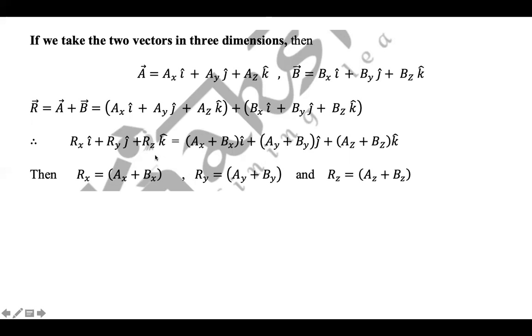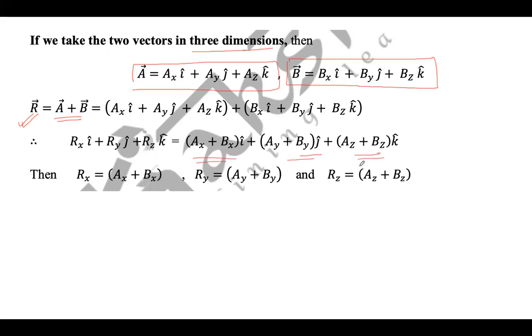So if we take three vectors, let's say if we have a three-dimensional vector, the vector A is written as axi plus ayj plus azk, and similarly vector B is written as bxi, byj and bzk. If you are finding the sum of these two vectors, what you will do is add the i components together, j components together, and the k components together.